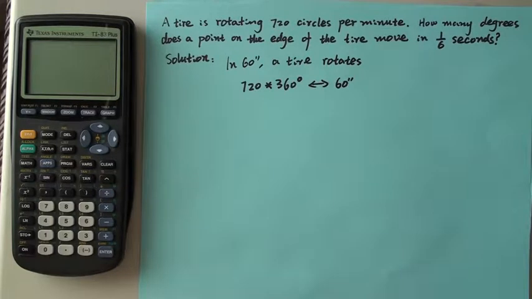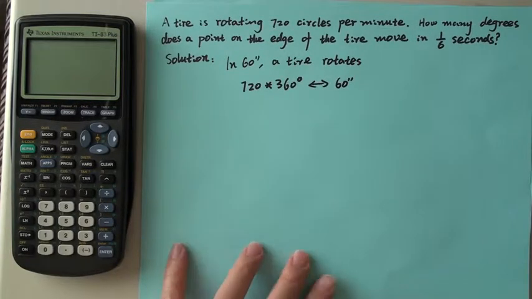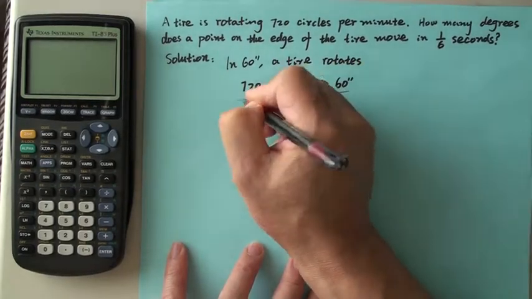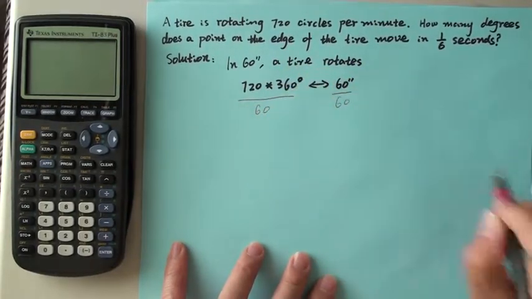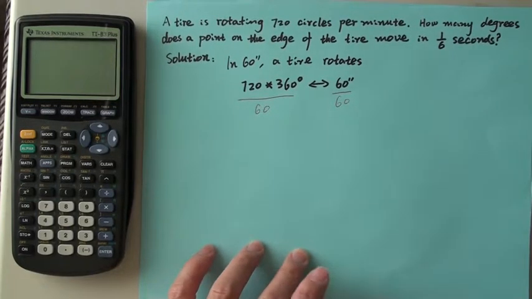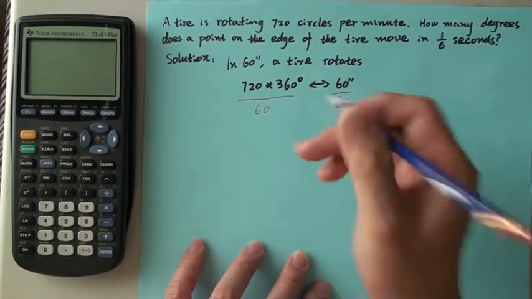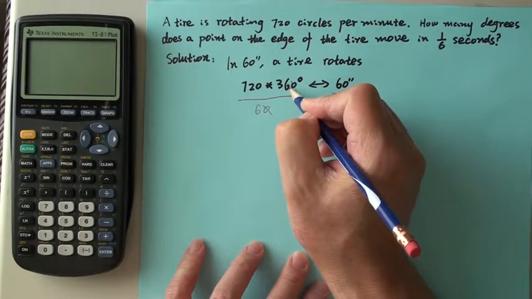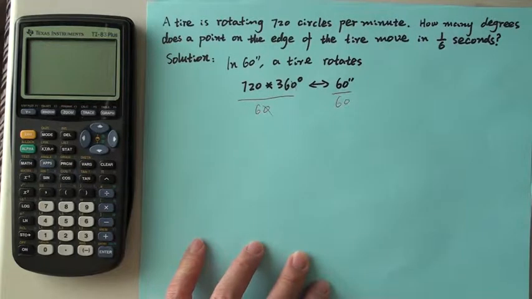Now, divide both sides by 60. Then on the left-hand side, you may cancel the 0, and 36 divided by 6 is 6.